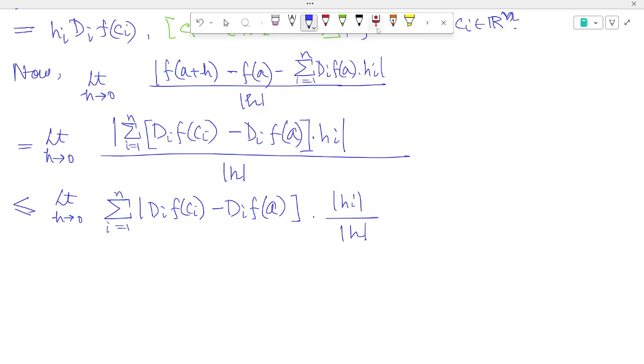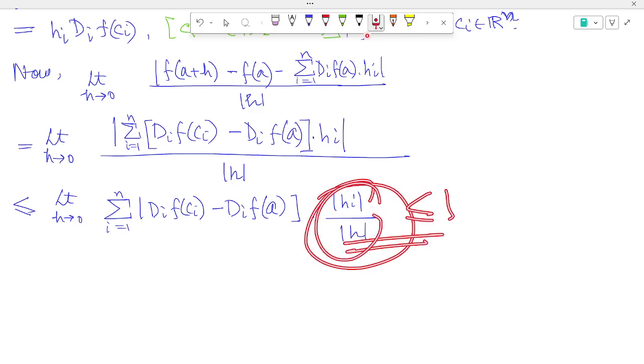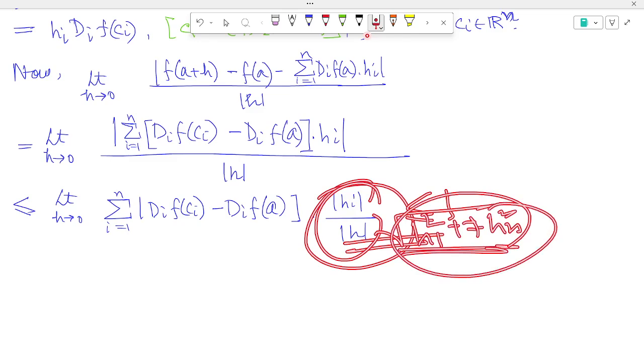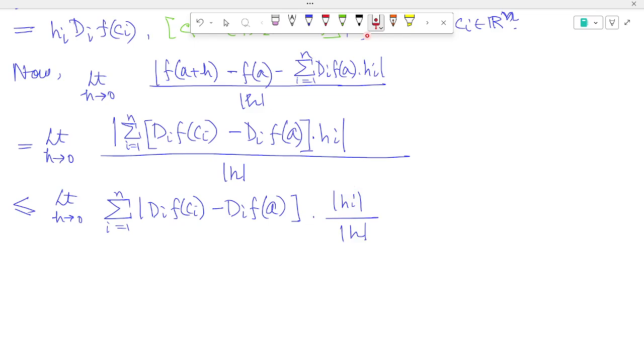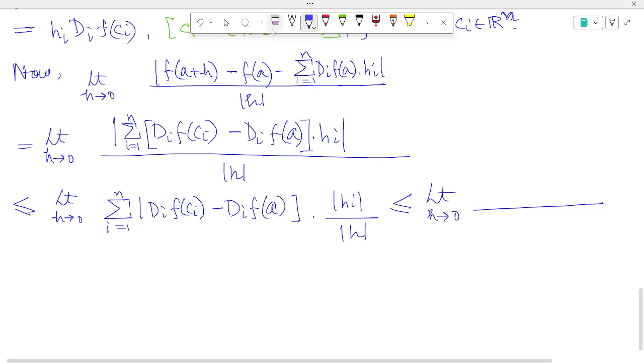Fine. But see, this is less than or equal to 1, because norm h is the square root of h1 squared plus up to hn squared. As many h as there are, take the sum of the squares and take the square root. So this is bounded above by this thing. There will be one.